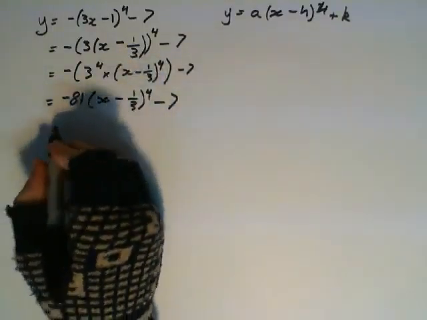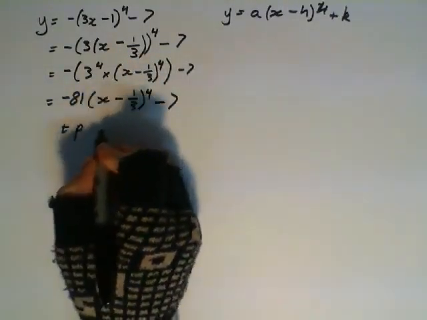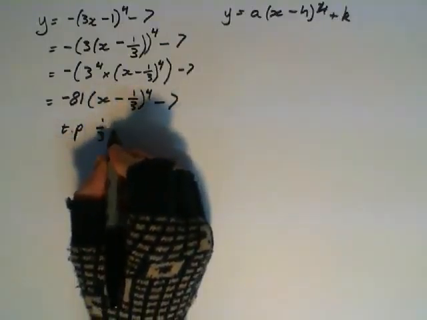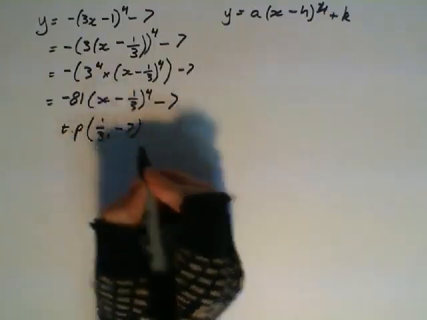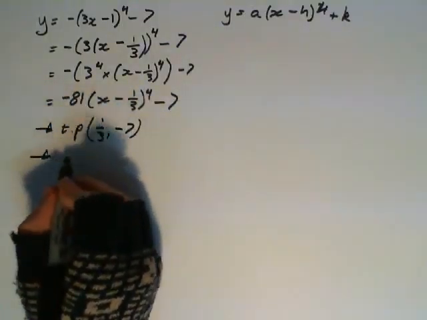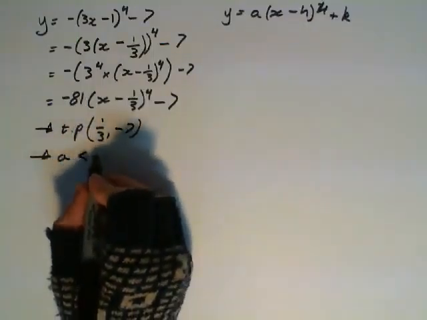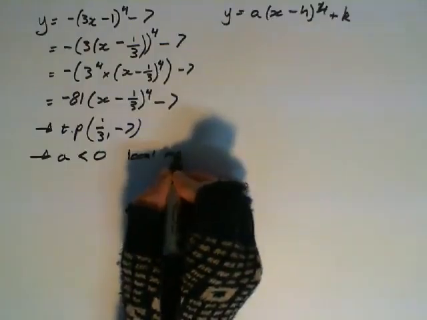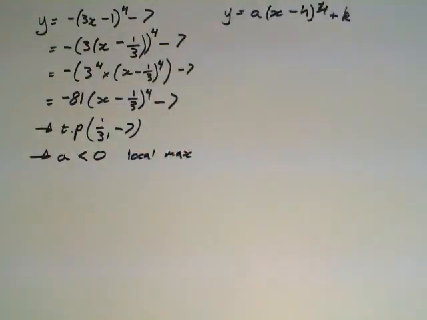So we have our turning point at 1/3, -7. Okay, and we have a is less than 0 this time, so we have a local maximum point.